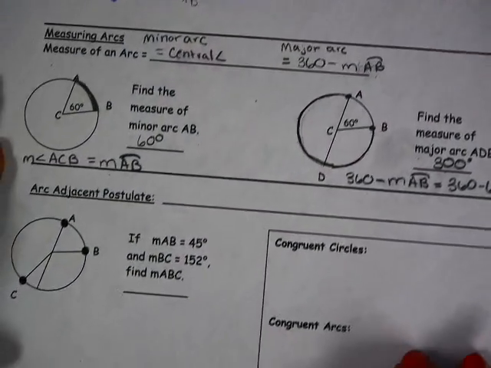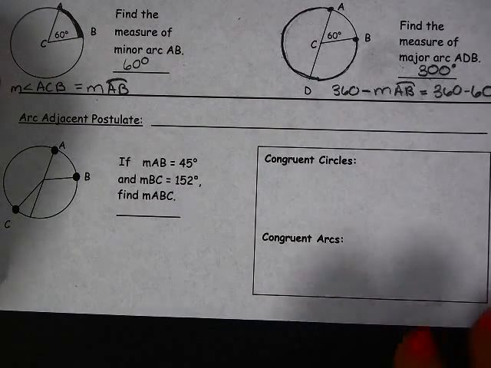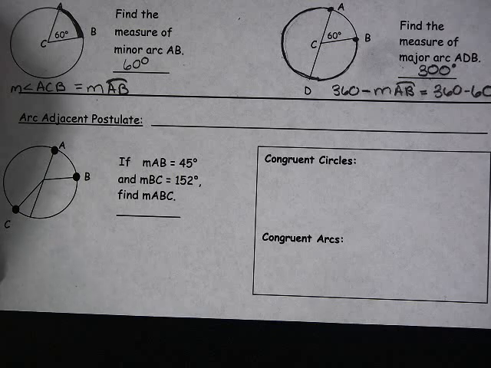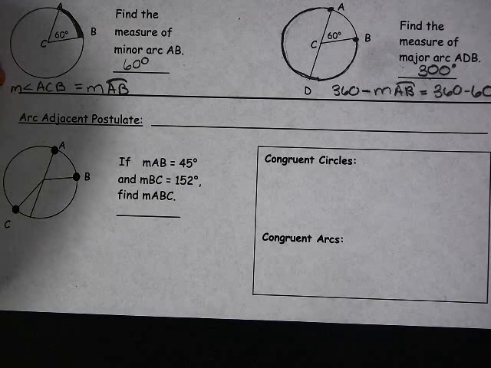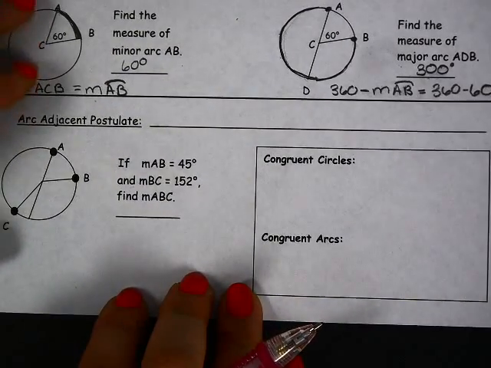Alright, we're going to keep it moving here. Alright, the arc addition postulate is not one that you have to have memorized, but you do have to know how to solve for it.